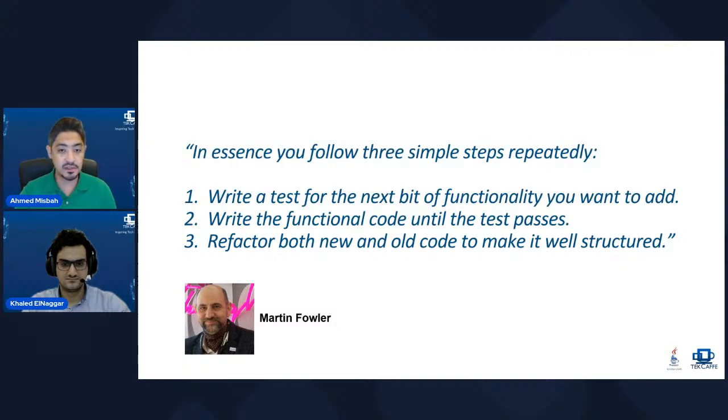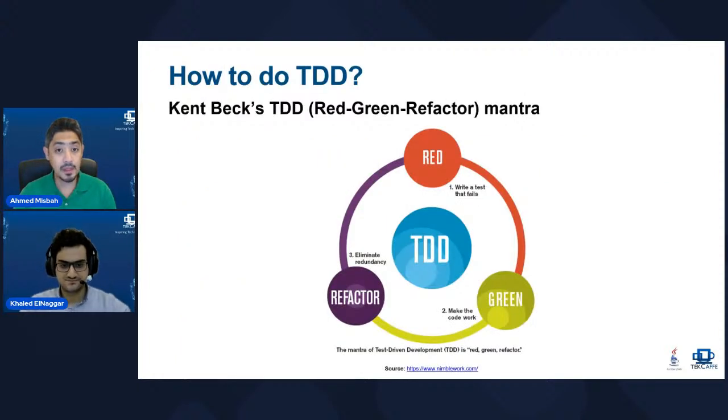So basically, this third step is an application of the Boy Scout rule. Kent Beck summarizes this TDD cycle in the red-green-refactor mantra. So in the red bar or the red phase, you write a failing test. Then you write just enough code to make it go green.